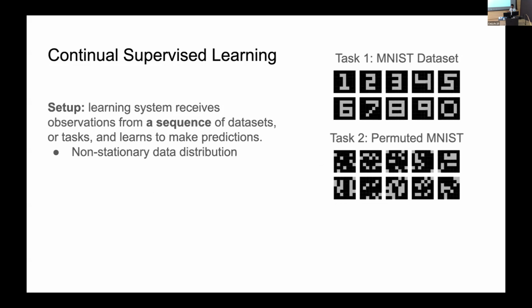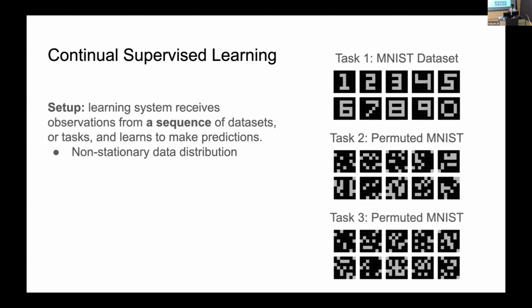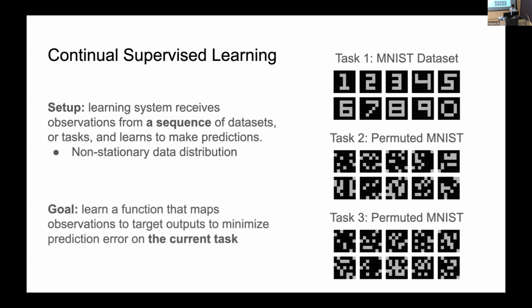So you have this permuted MNIST problem, and then you can keep adding these permutations, and you can have a sequence of such tasks. And the goal for these experiments that I'm doing is to design algorithms that can perform well on the current task. So I'm not focusing on forgetting at the moment. The goal is just to see if we can design algorithms that can learn on the current task.